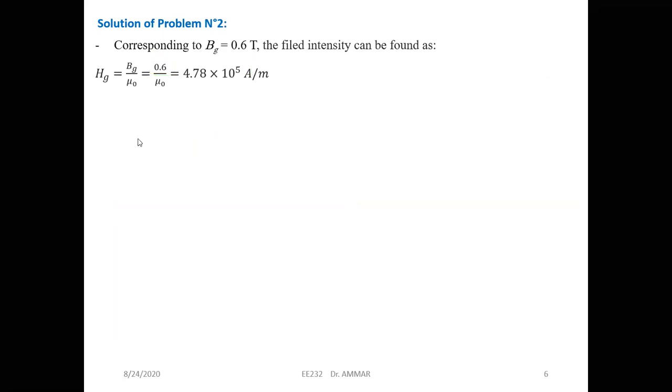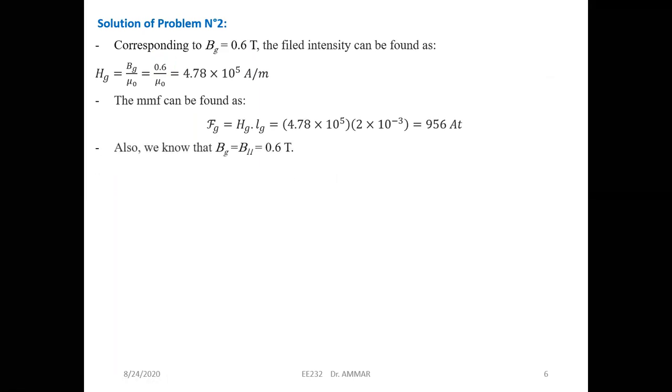So firstly, we have found the field intensity and the MMF of the air gap. Now, we know that the density in the air gap equals BL1, which is equal to 0.6.